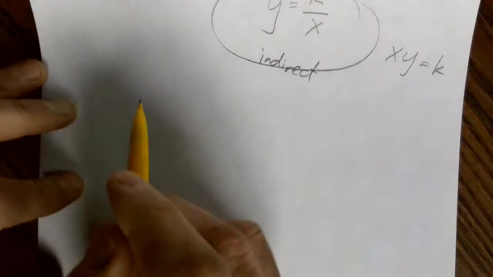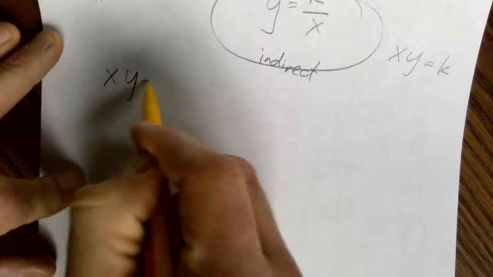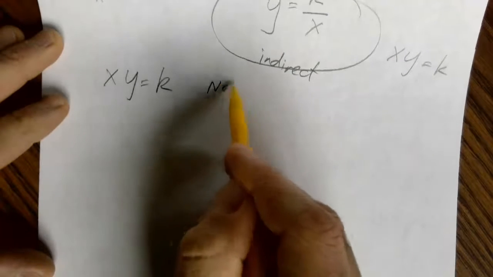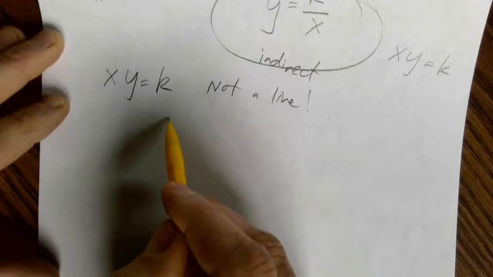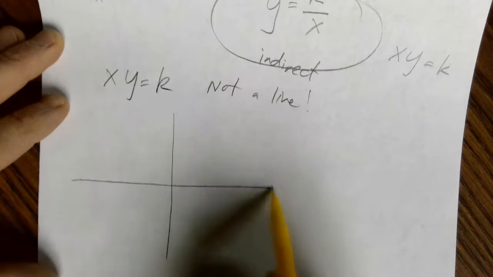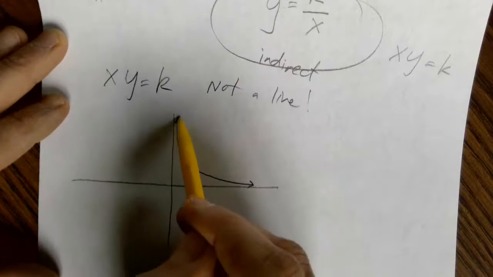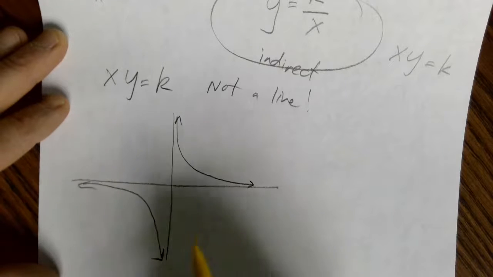Now, if I take x times y equals k, it will not be a straight line. Instead, it'll be something like this. I'm just going to show you the picture of it. This graph is called a hyperbola.